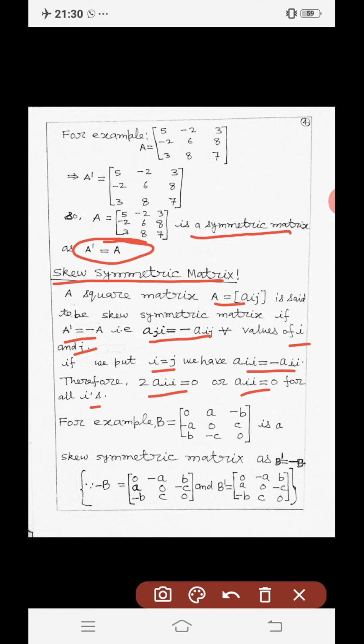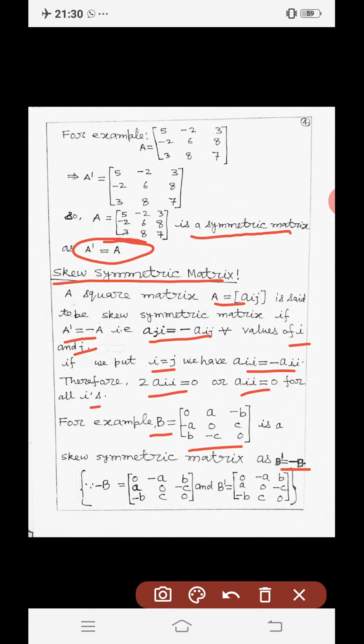For example, let B be a matrix having elements [0, a, b; -a, 0, c; -b, -c, 0]. It is a skew symmetric matrix as B transpose equal to -B.